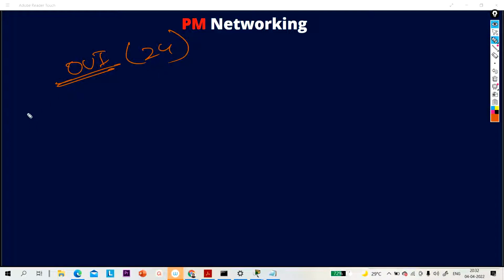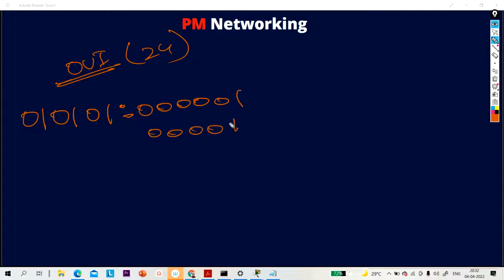Suppose the OUI provides me 101010, this is the OUI, a 24-bit address. In the first computer I will put 000001, in the second computer 000002, and at the last all F.